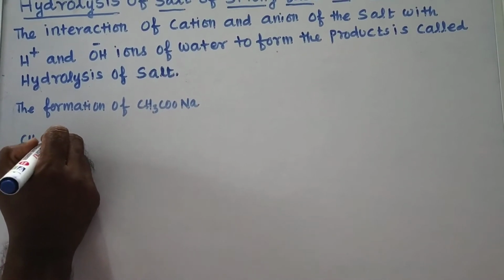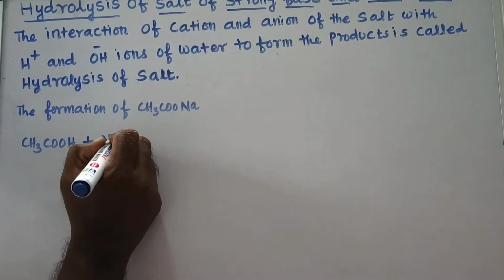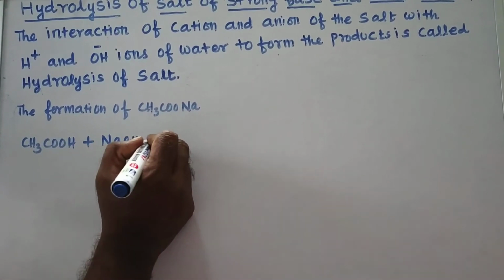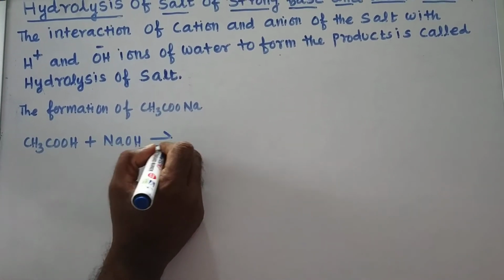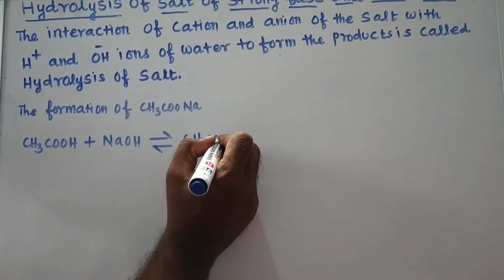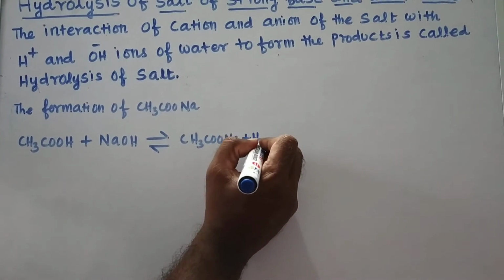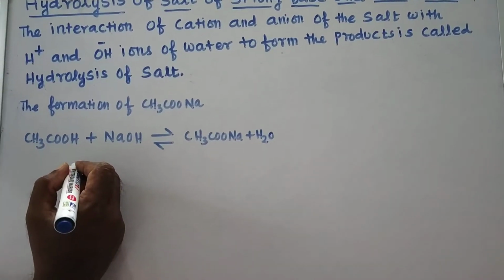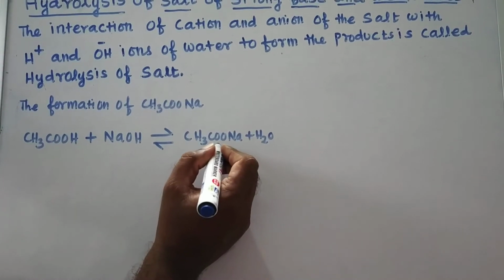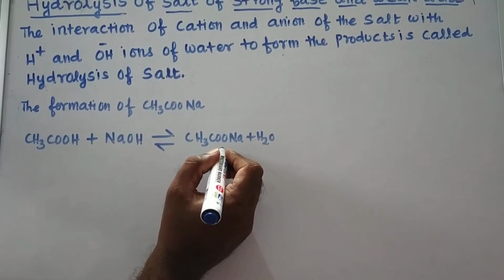Acetic acid reacts with sodium hydroxide to form sodium acetate and water. It's a strong electrolyte. It undergoes complete ionization in water.